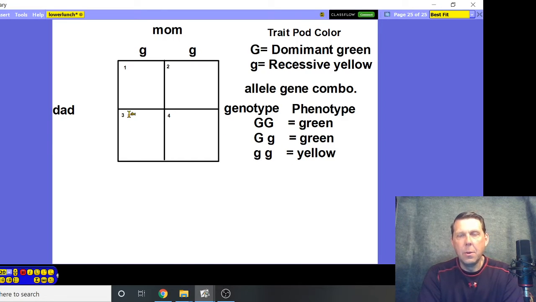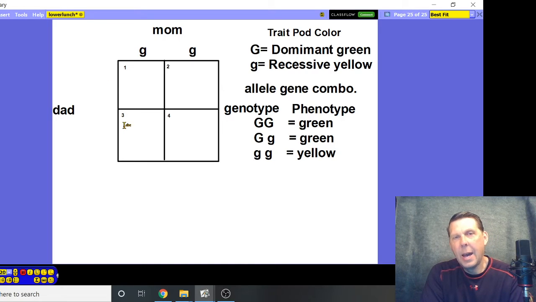Now, dad, we could make dad green. We're going to make dad green. And let's say he could either be this version of green, of a genotype dominant, or he can be this version right here. This one, he would still be green. Or this one, he would be green because he has the dominant trait, the dominant gene right there.